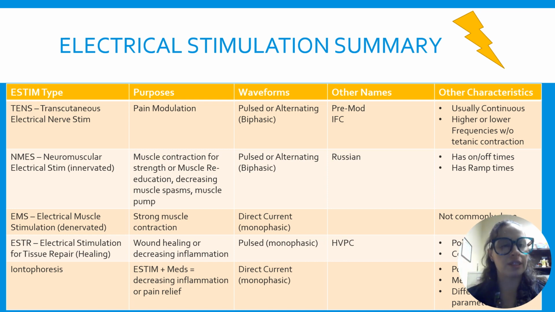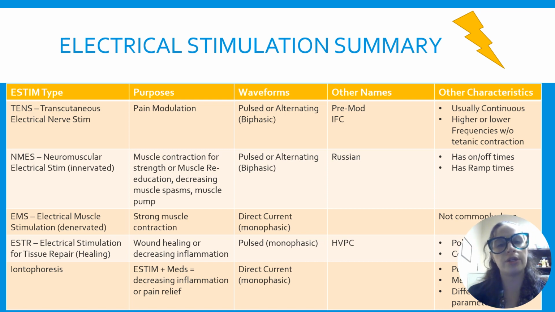So it is for strengthening, it is for muscle re-education, and it also is used for decreasing muscle spasms and the muscle pump for edema, but only if the edema is due to lack of motion, not if it's due to inflammation or lymphedema or other reasons like that. You also use pulse or alternating waveforms in biphasic for this, just at different frequencies and pulse widths, okay?